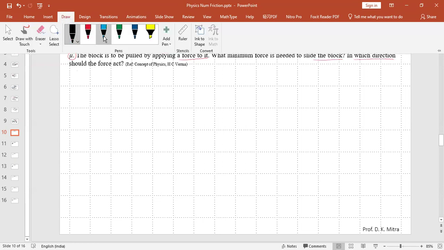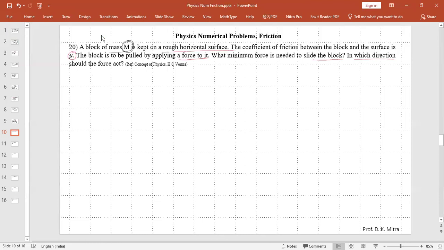Let's draw the diagram for this. It says the block is kept on a rough plane. So this is a rough plane, let's say, and this is the block of mass capital M. Now it is pulled by a horizontal force.